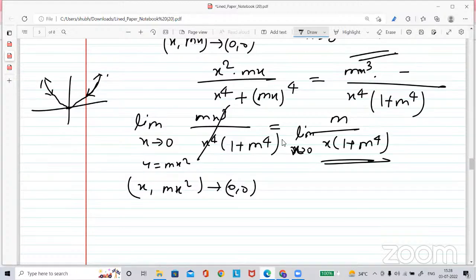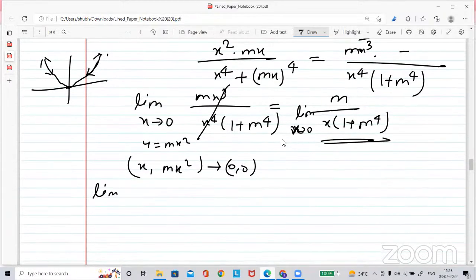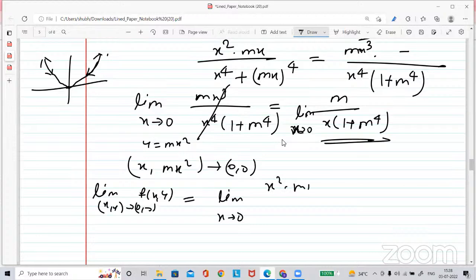So now substitute the value here. Your limit as (x, y) goes to (0, 0) of f(x, y) is now changed to only one variable. x goes to 0, x square, y is actually mx square, and x to the power 4 plus m.